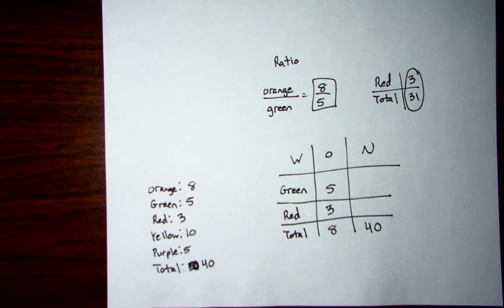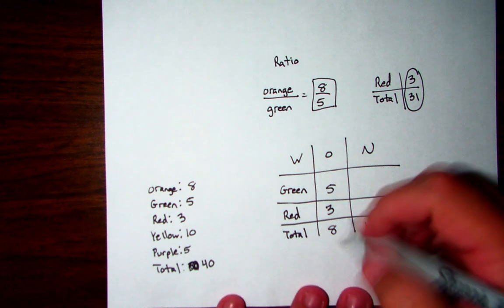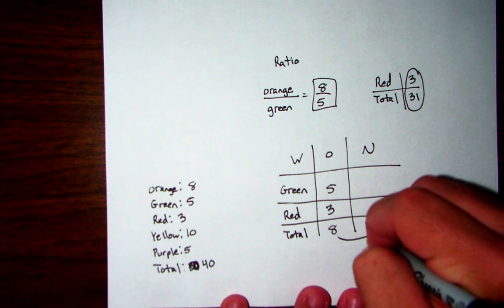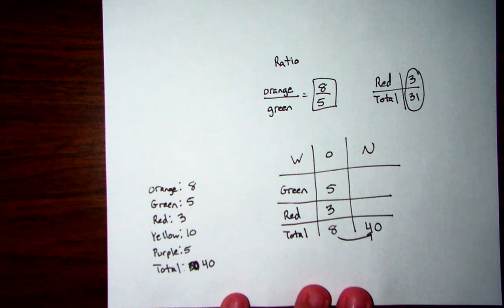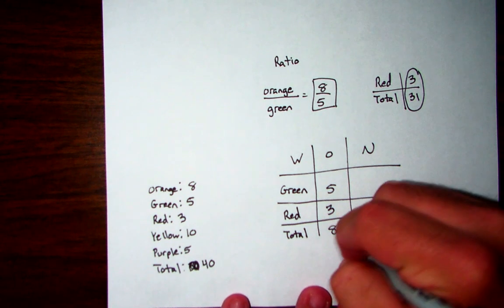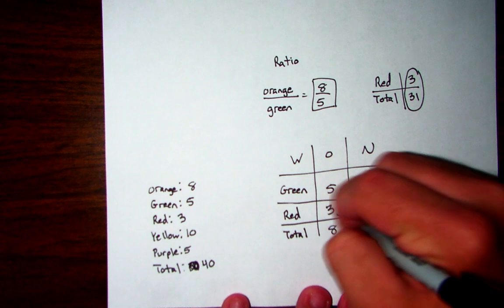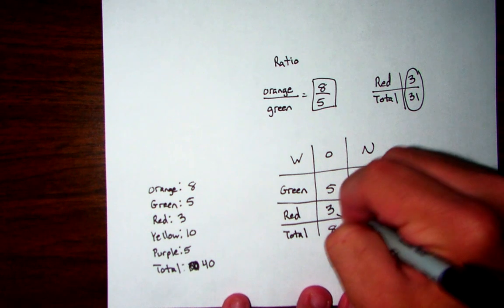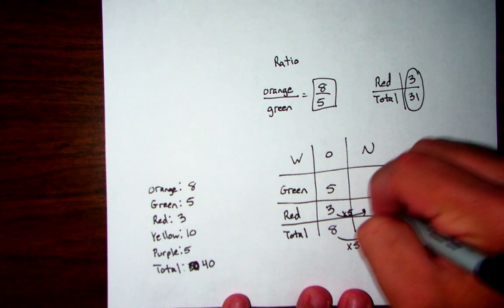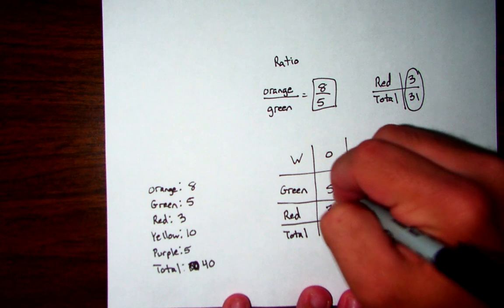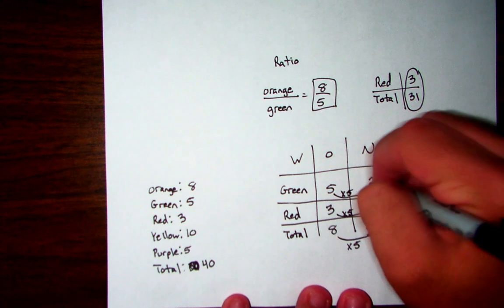Well, guys, what if the question says, how many green Skittles would you have now? Well, what's your scale factor? To go from 8 to 40, you multiplied by 5. So 3 times 5, that's 15. And 5 times 5, well, that's 25.